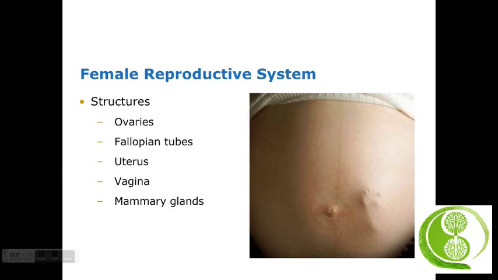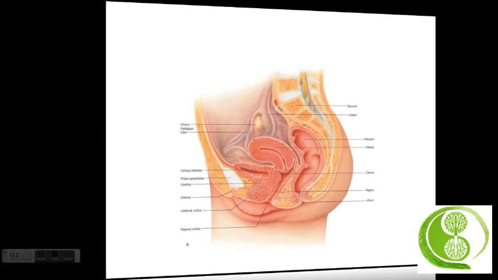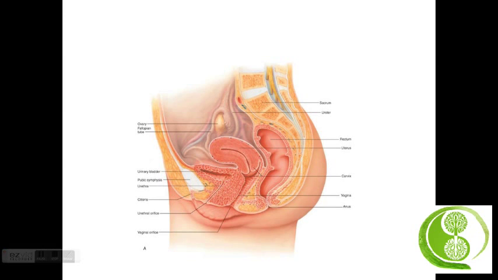And the PRL that we discussed also with the pituitary gland, that's the prolactin. It's similar to the growth hormone. So these are the structures of the female reproductive system.